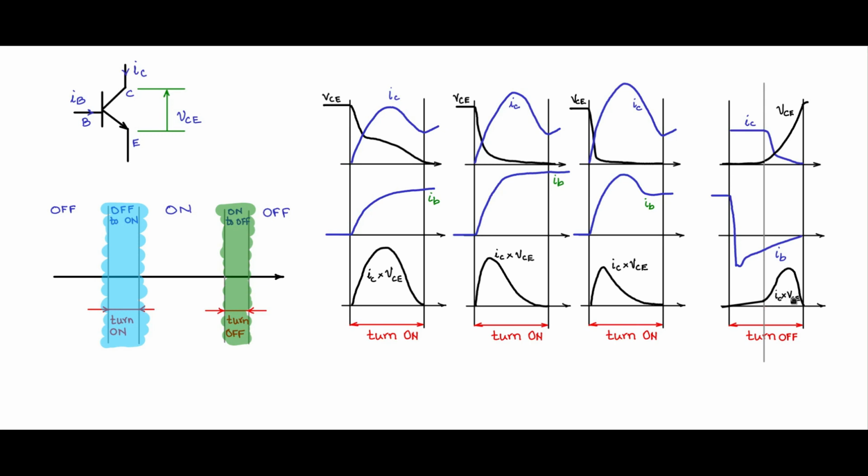So our job is to keep this portion as small as possible during turn-on by providing a turn-on surge base current and then allowing it to settle to the nominal base current. And during turn-off, we need to provide a path for the base current to reverse so that the base charges of the BJT are removed.